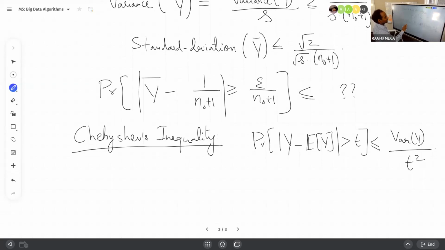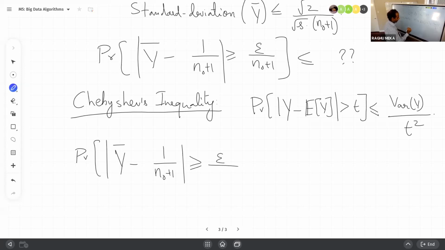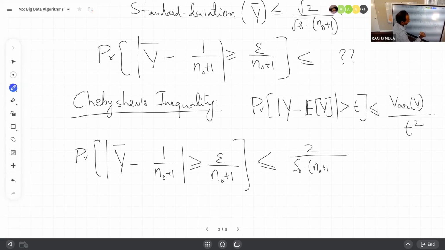So if I use that for our thing, we know the variance was 2 over S times N0 plus 1 whole squared.